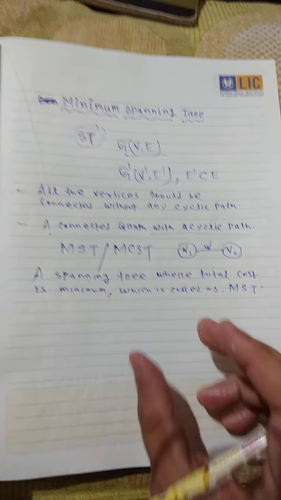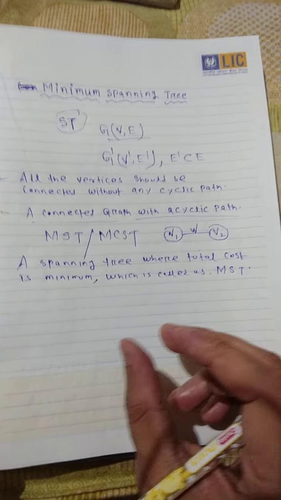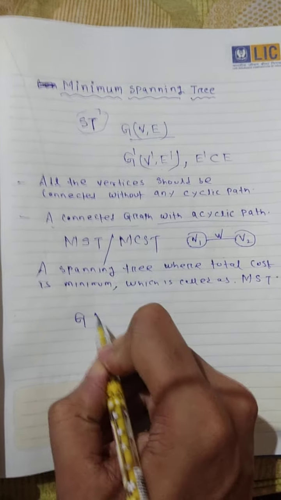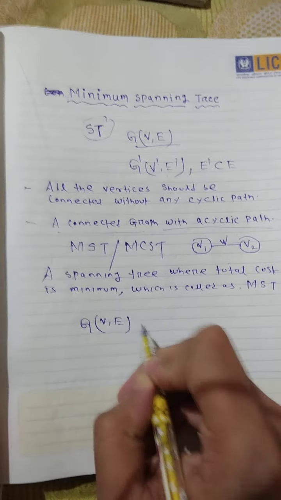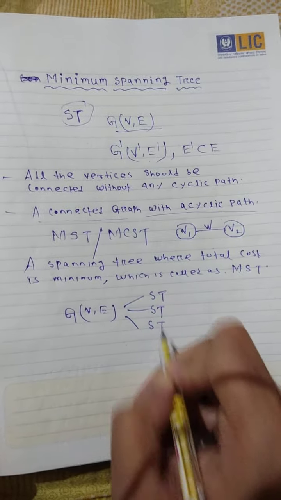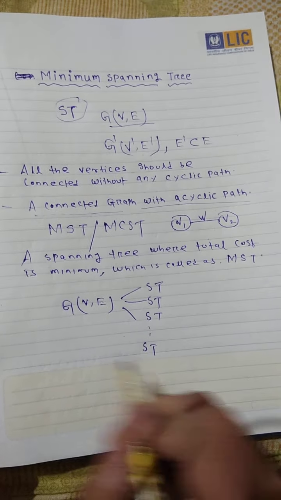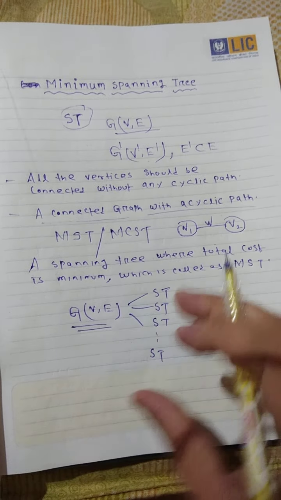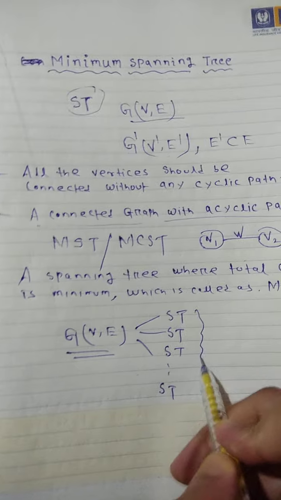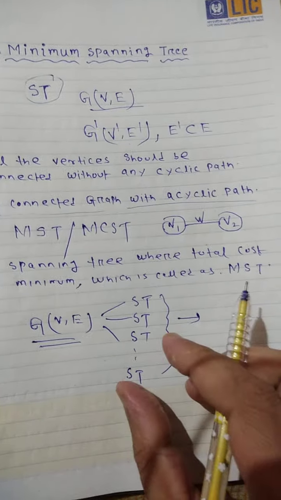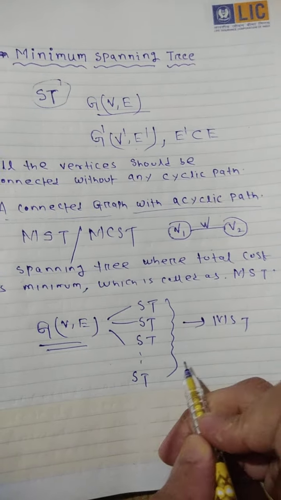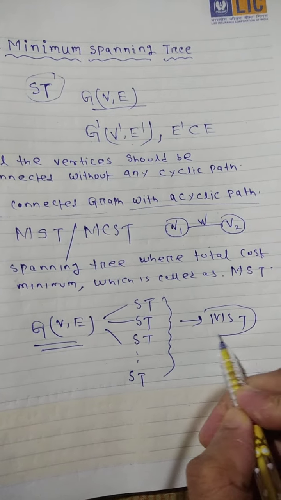In general, spanning means covering all the vertices with a reduced set of edges. For a particular graph, a number of different spanning trees are possible. From these different spanning trees, we choose the minimum spanning tree.